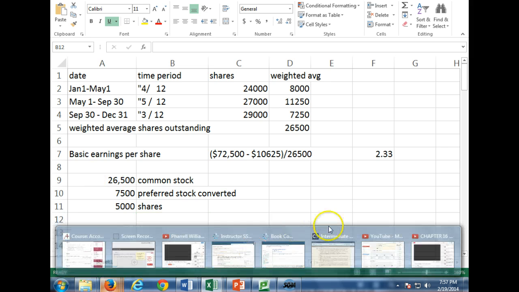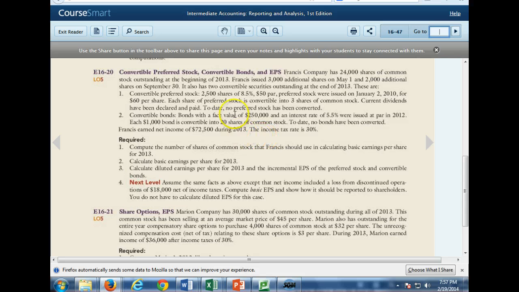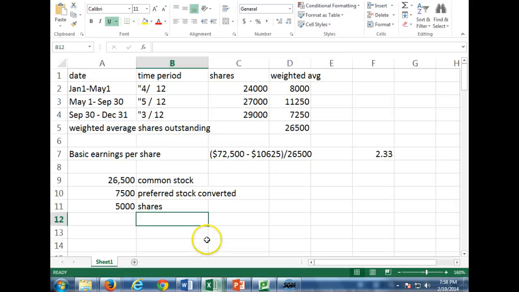So let me just read this again so I don't get myself too confused. The income tax rate is 30%. Okay? So again, our job here is to do the converted.